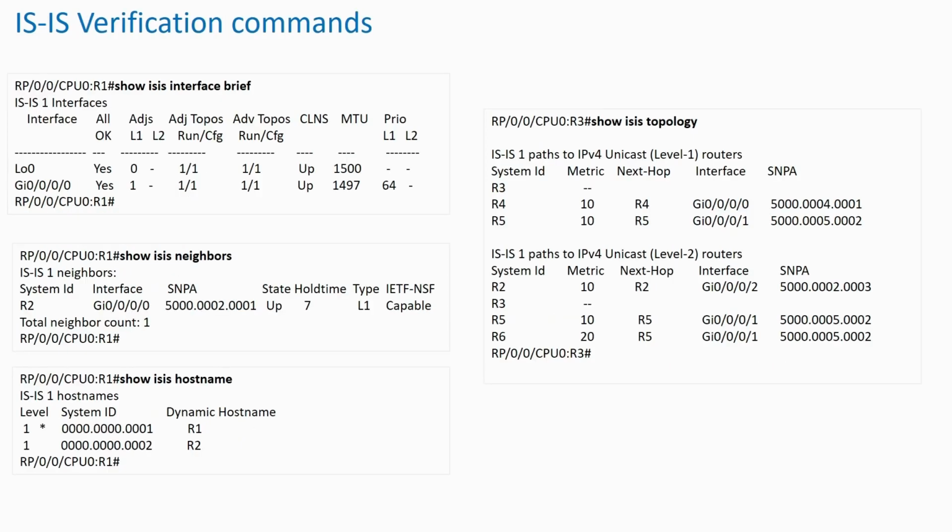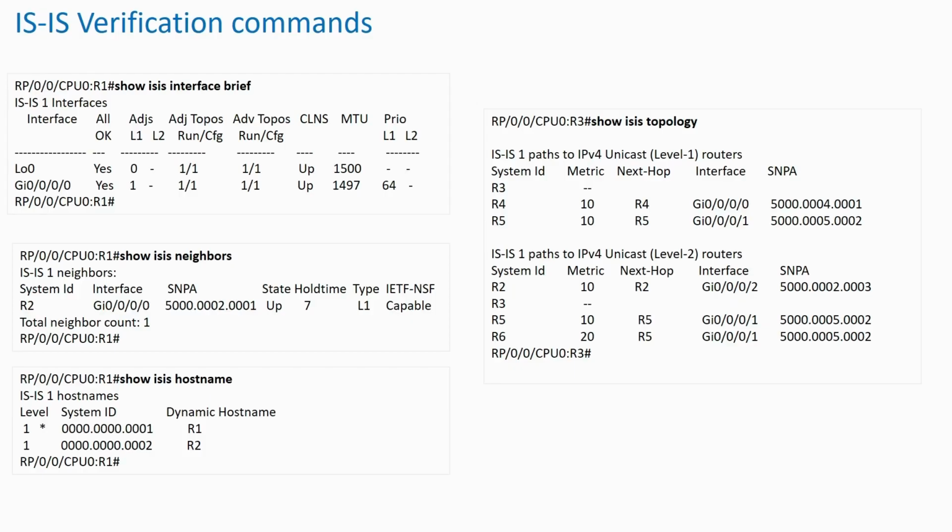After seeing how to configure the ISIS protocol in Cisco IOS XR, let's see some of the verification commands that you can use to verify the ISIS operation. The first command is show isis interface brief. You can use this command to verify the interfaces which are enabled under ISIS. The second command is show isis neighbors.